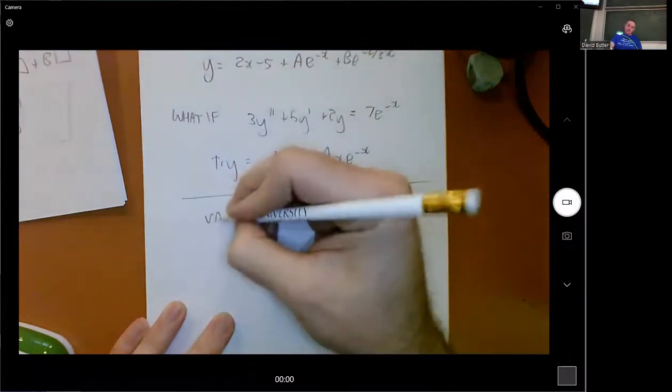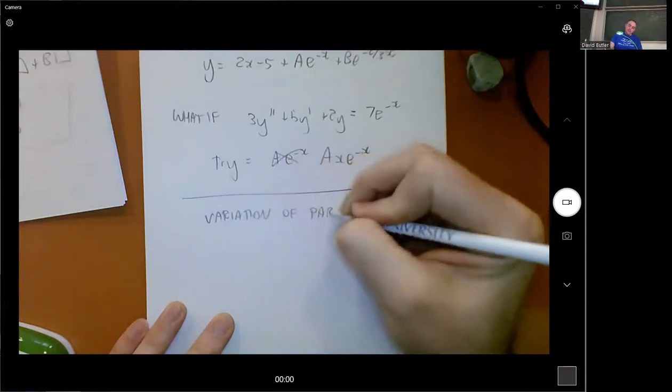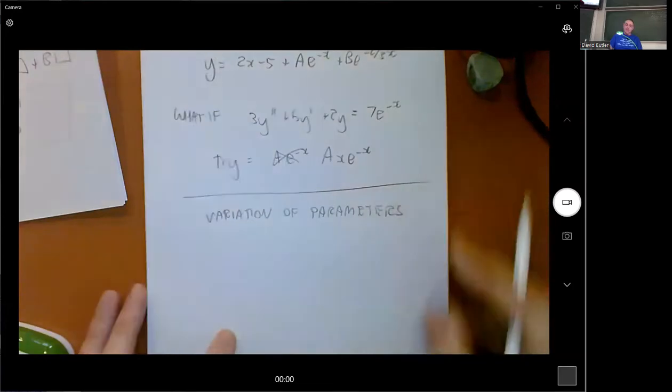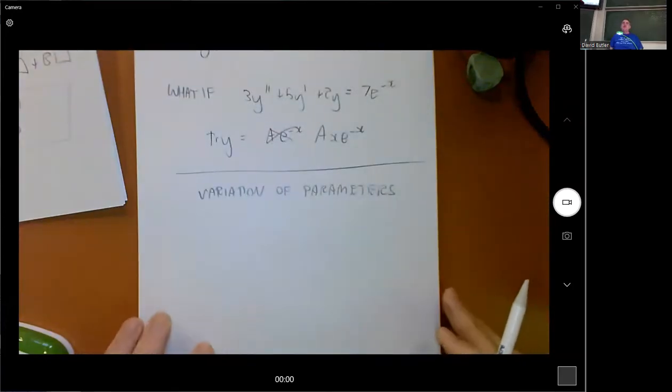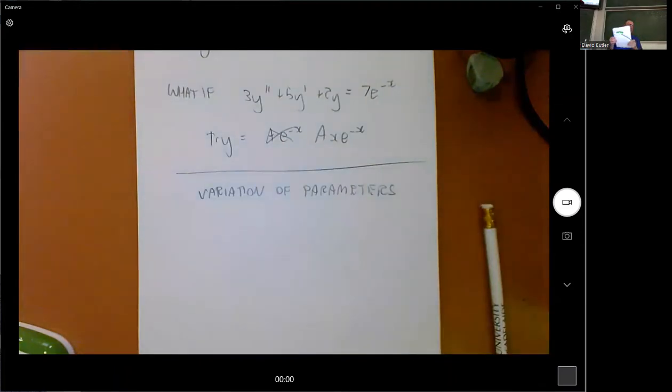All right. Variation of parameters. I said I'd talk about that. Oh no, I've mixed up my pages. Just a moment. I really should be numbering them.